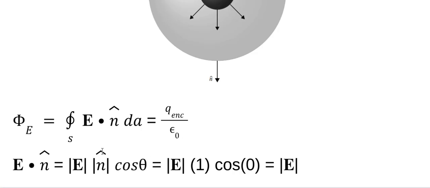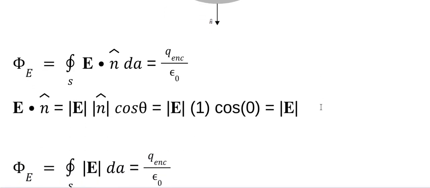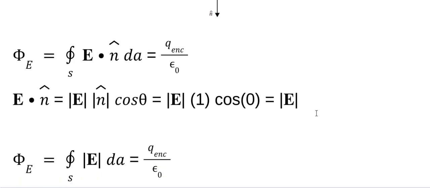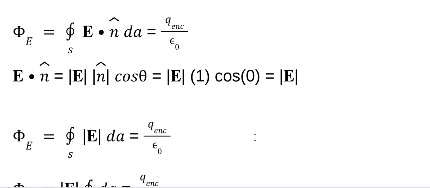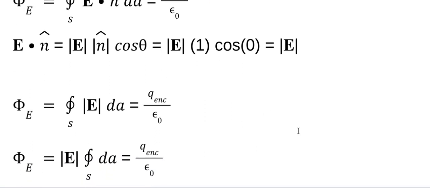Well, we know what the magnitude of this is. It's 1 by definition. And the angle between them is 0 because they're parallel. So this goes to 1. So this is E times 1. So it's just the magnitude of E, right? So if we put that back into our equation, now this just becomes a scalar. We can pull it out like this.